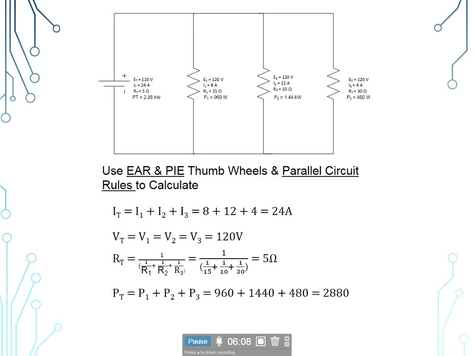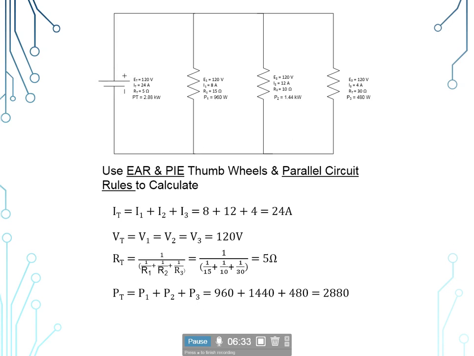In this case, the power of our first load, P sub 1, is 960 watts, P sub 2 is 1,440 watts, or we could say 1.44 kilowatts, and then P sub 3 is 480 watts. So we add all those together.